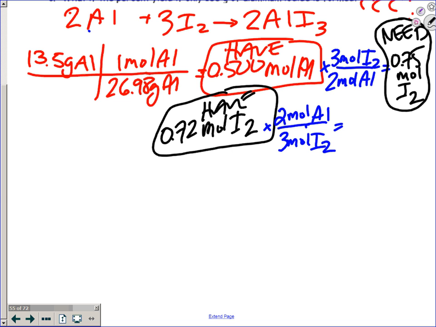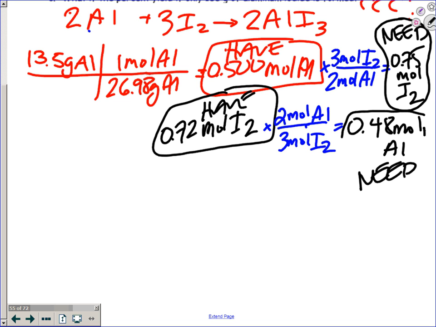And then I need, what is this? 0.48 moles of aluminum. That's how much I need. Okay, so I have made it to the crossing point where I have to figure out what the limiting reagent is. Very first step, and just as a reminder, you have to get some moles first. And then you use the ratio to compare.